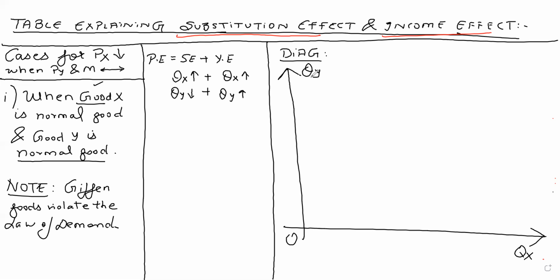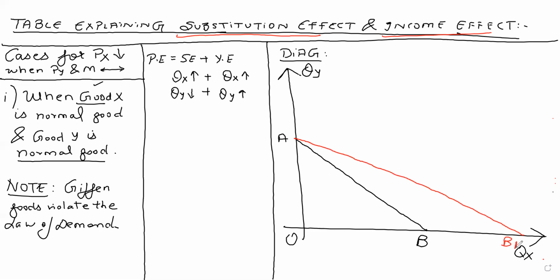Step one, always draw all the budget lines first. Our initial budget line is AB. When price of good X falls, good X becomes cheaper. You can now afford to buy more of it. So our budget line shifts from AB to AB1.